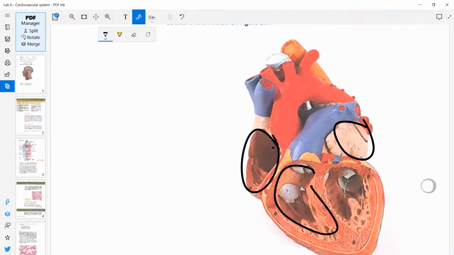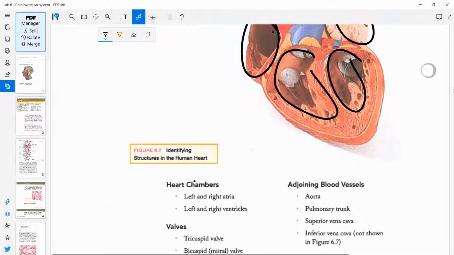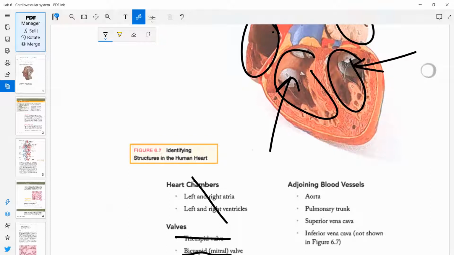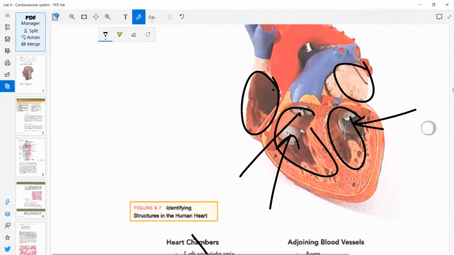This is the right ventricle and the left ventricle. Now, valves. This is the tricuspid valve. This is the bicuspid valve or mitral valve. This is pulmonary, and here aortic.